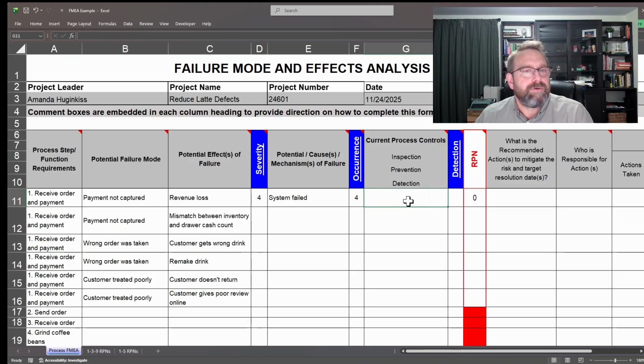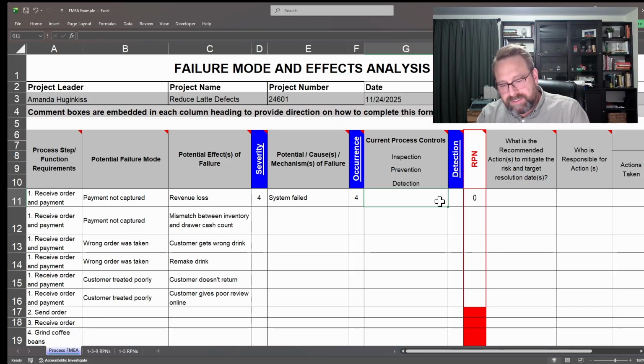All right. Well, we'll continue going through this. So now, what's the detection? What's prevention? What's inspection? Well, we do have a crummy system, but the system actually does kind of prevent the register from functioning, because it's an integrated system. Even though the payment capture is not happening, it's pretty obvious.